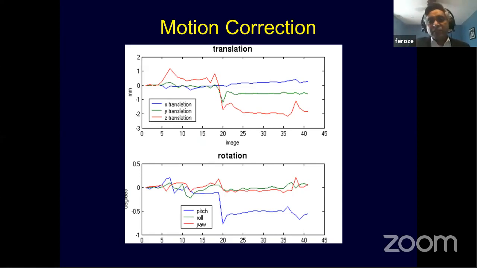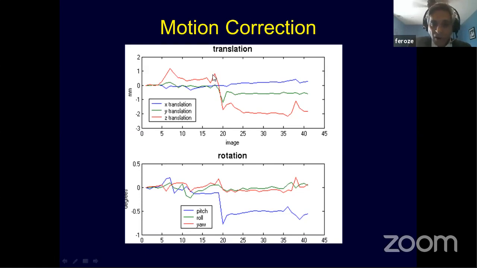Here are some examples. For example, on the top is what we call translation. Movement happens in a 3-dimensional way. Patients can move up and down, right to left, or rotate their head. So one needs to correct for all of that. If you look here, the top chart shows translation in the X, Y, and Z planes for the various images collected during the acquisition. And you can see that it's all pretty much okay at some point.